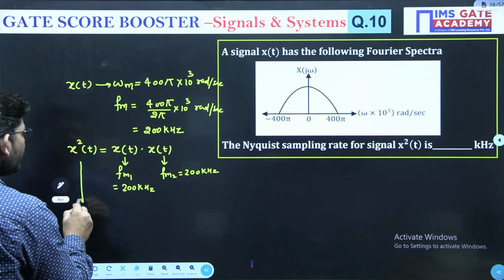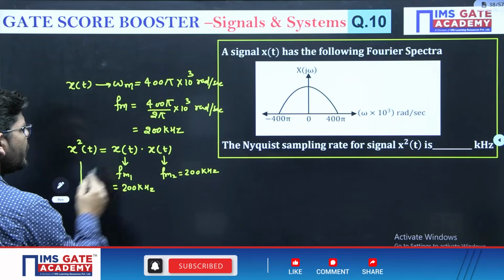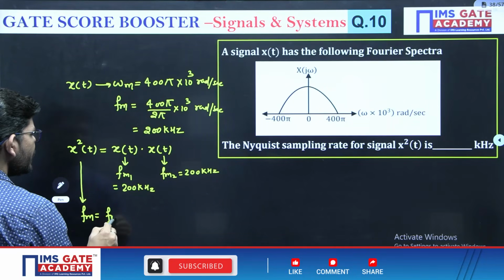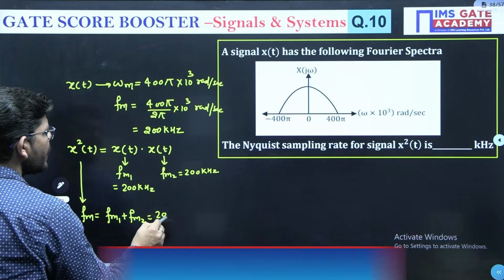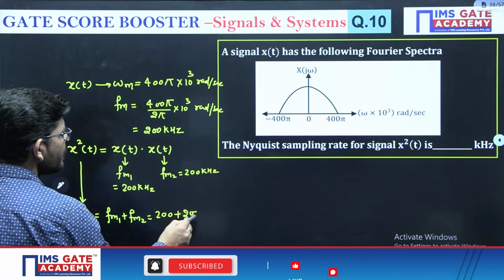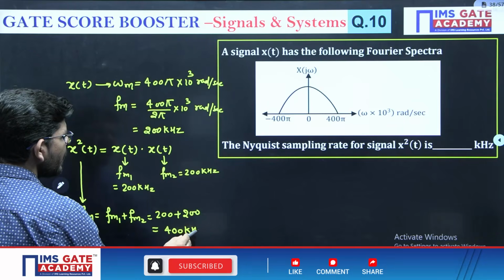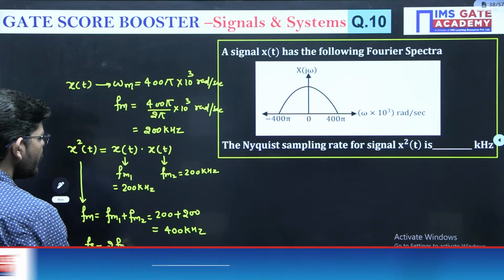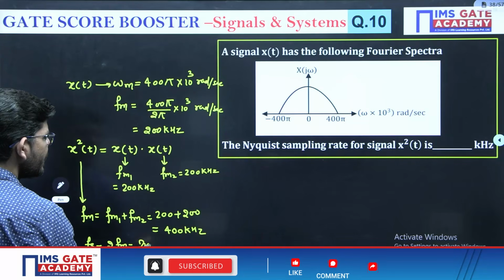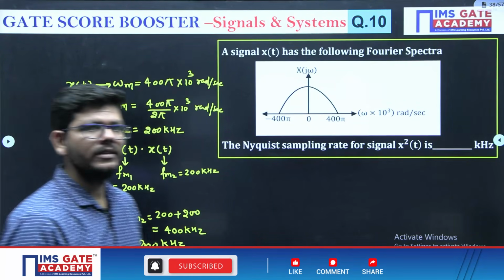So what is going to be the maximum frequency here? When we have multiplication, the frequencies will be added, f of m1 plus f of m2. Remember this fact. So you will get 400 kilohertz. Then what will be the fs, the sampling frequency? It will be 2 times fm, or you will get 800 kilohertz, and that will be the answer, right?